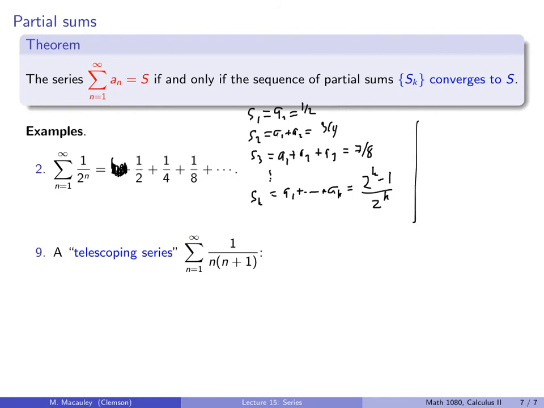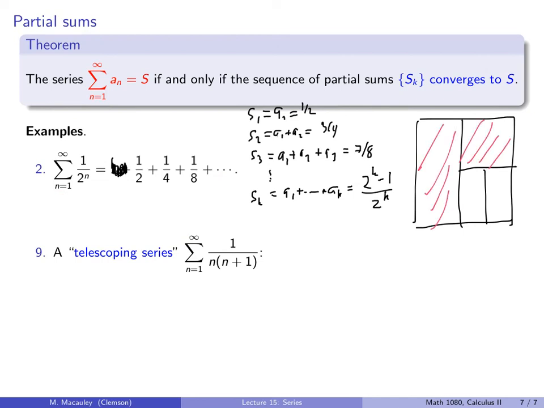Now in terms of our box example, remember that we are filling in these boxes like this, and the kth partial sum is the total area that we have shaded.